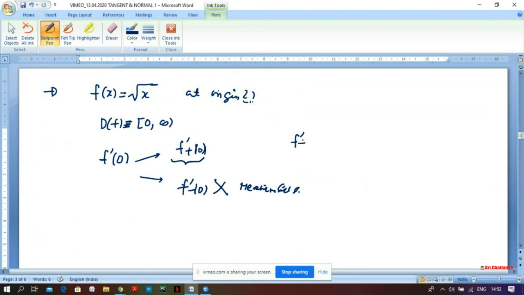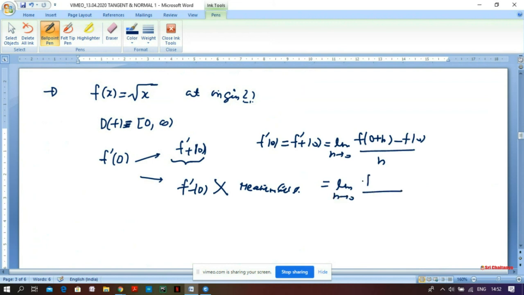So f prime 0 equals f prime plus 0, that is the limit as h tends to 0 of f of 0 plus h minus f of 0 over h. That gives you the limit as h tends to 0 of f of h minus f of 0 over h, which is square root of h minus 0 upon h.